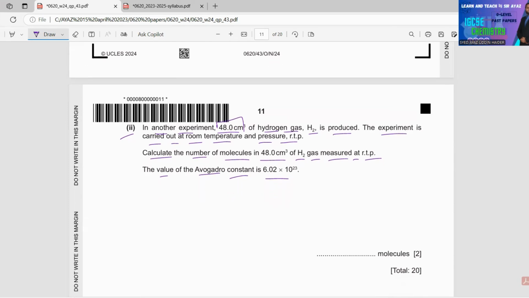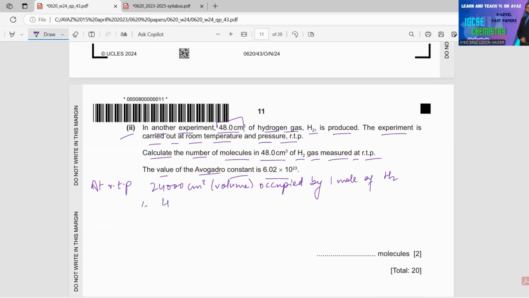So you know that at RTP, 24,000 cm3 is the volume occupied by 1 mole of any gas. So here we are having H2 gas.